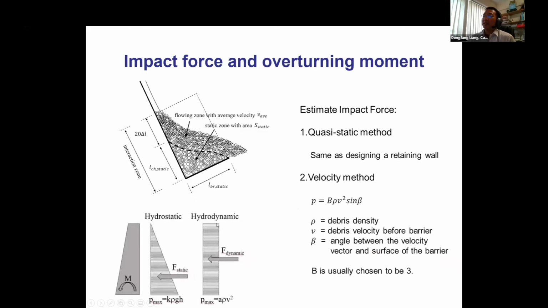The other is the hydrodynamic part corresponding to the rapid movement of the soil overlying this stagnation region. The addition of these two parts gives you the overall impact force. And from such distribution of the impact stress or pressure, we can calculate the overturning moment as well.